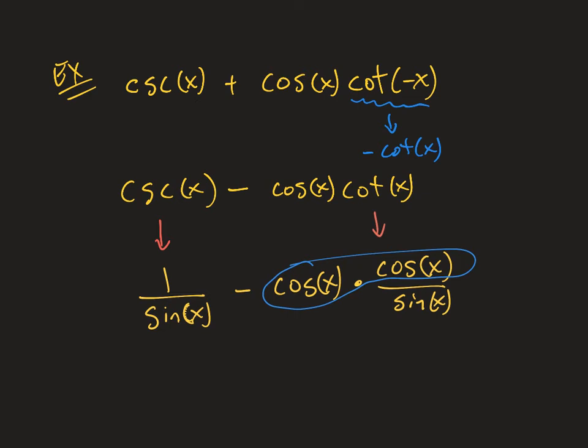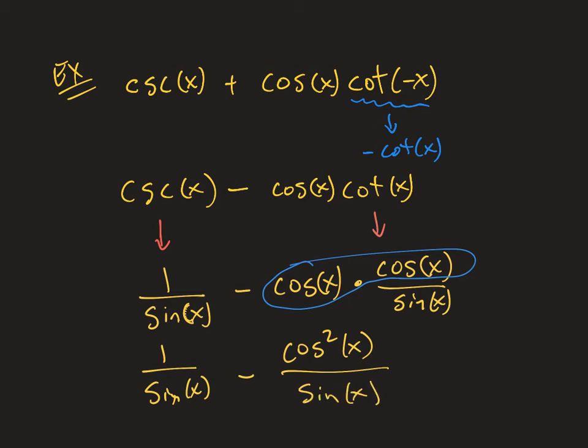So I have 1 over sine of x minus cosine squared of x over sine of x. And since these are fractions with the same denominator, I can subtract them. And I can just write this as one fraction, 1 minus cosine squared of x over sine of x.